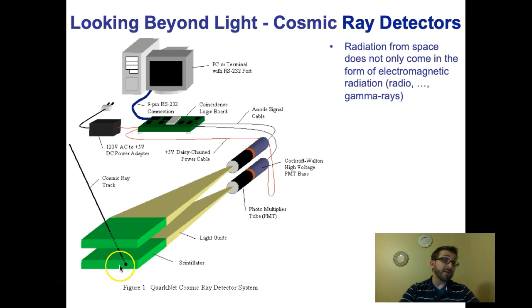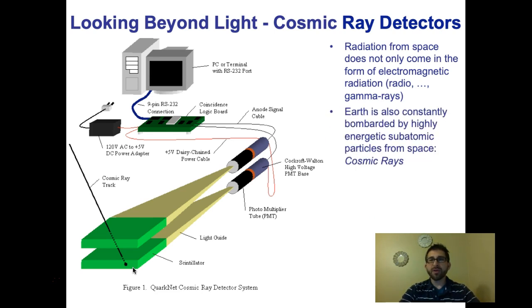A second scintillation paddle is placed underneath. If both paddles sense a particle hits them together, a coincidence, then we know that it had to have been a cosmic ray.